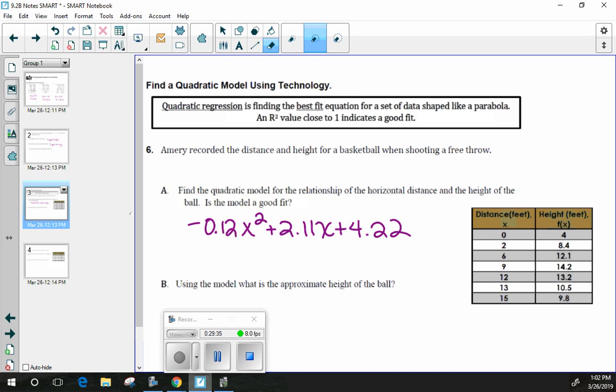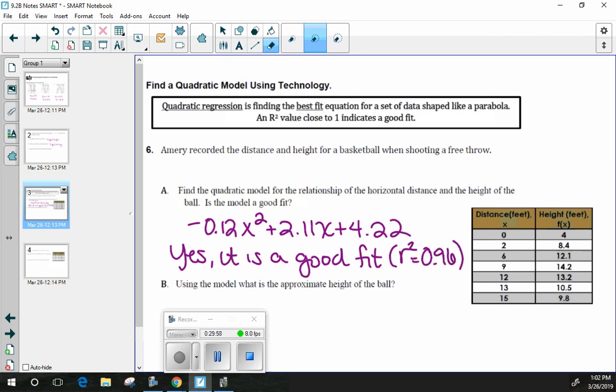So yes, it is a good fit. If every single point was on the curve, like if I made a scatter plot of the actual points for that equation and they all landed right on top, it would be a 1. It is a good fit. How do we know? We're going to say that that r squared is 0.96. That's how we know, right?